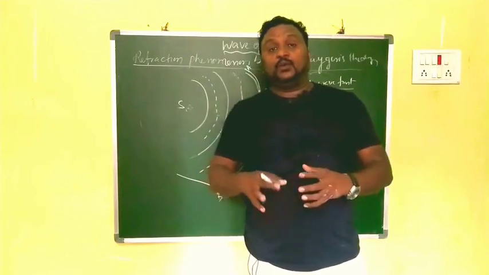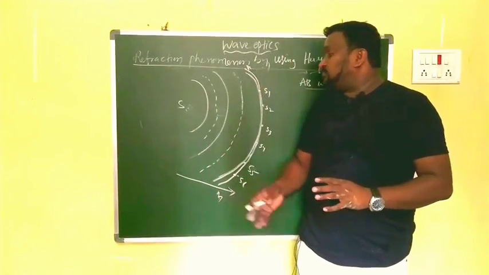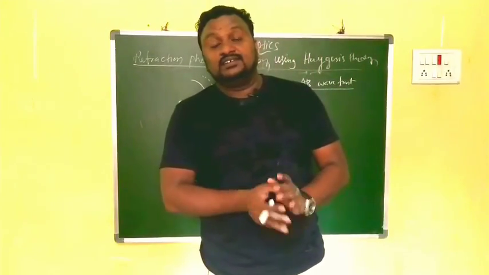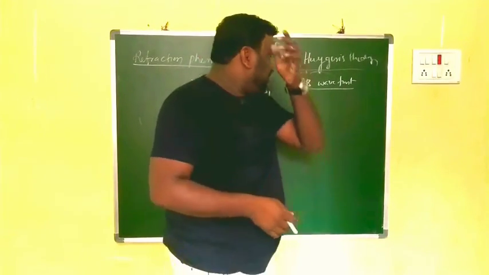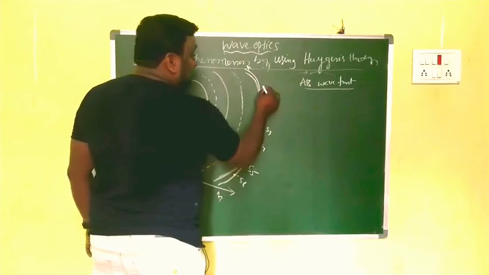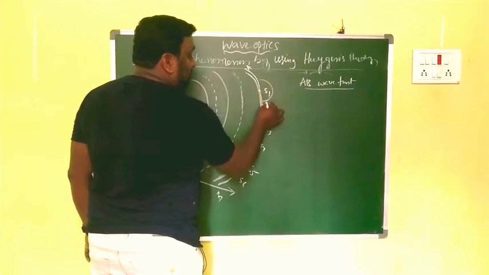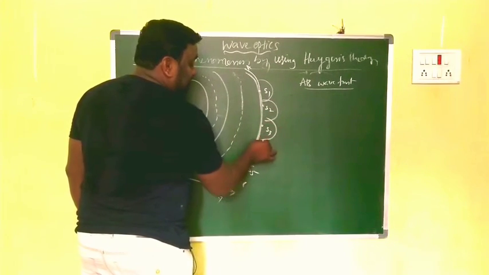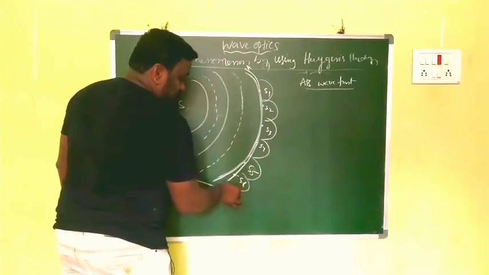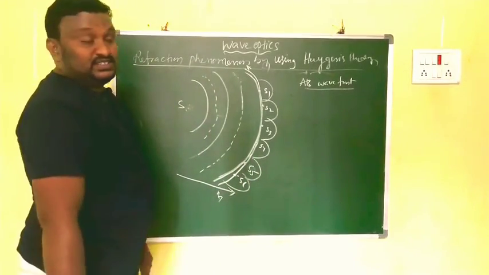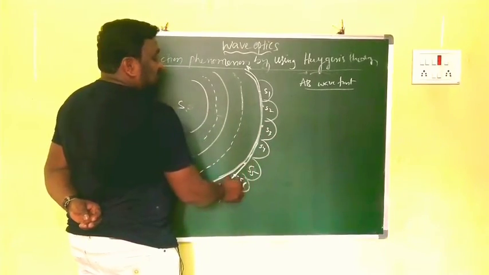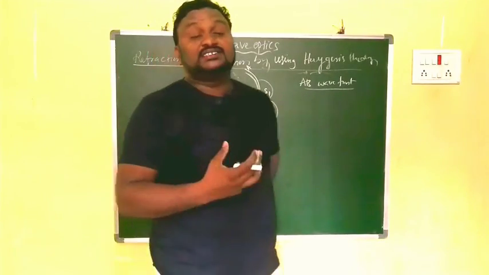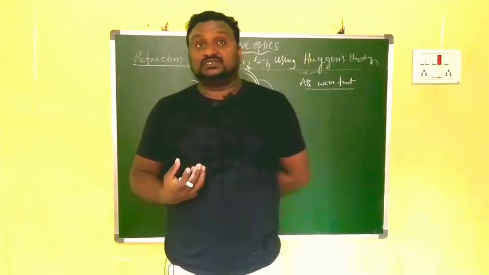On that wavefront we have some points, and those points are called secondary sources. So S1 can produce a wavefront and S2 also produces light again. S1, S2, S3, S4, S5, S6 also act as secondary sources.